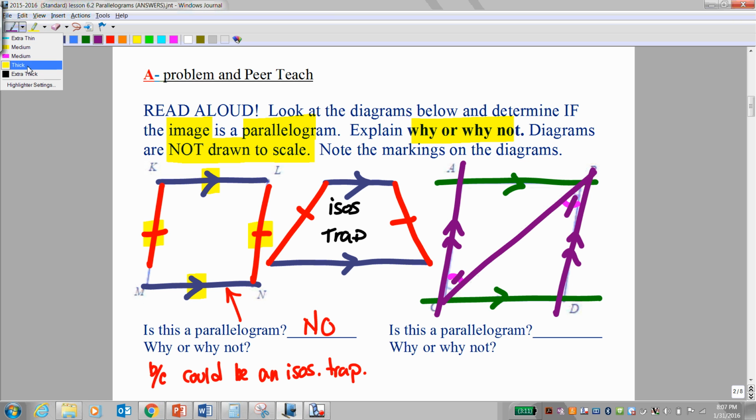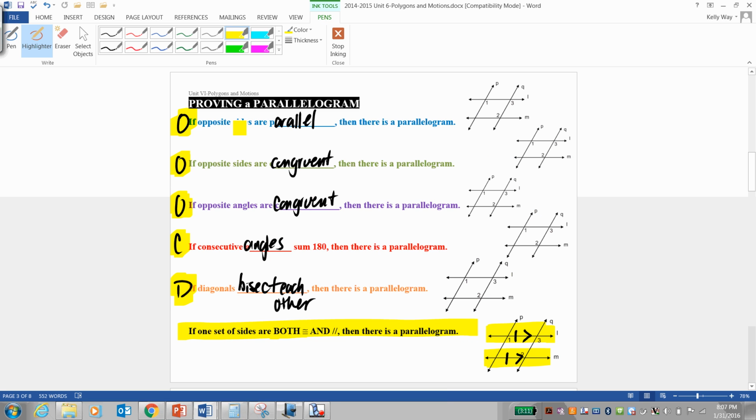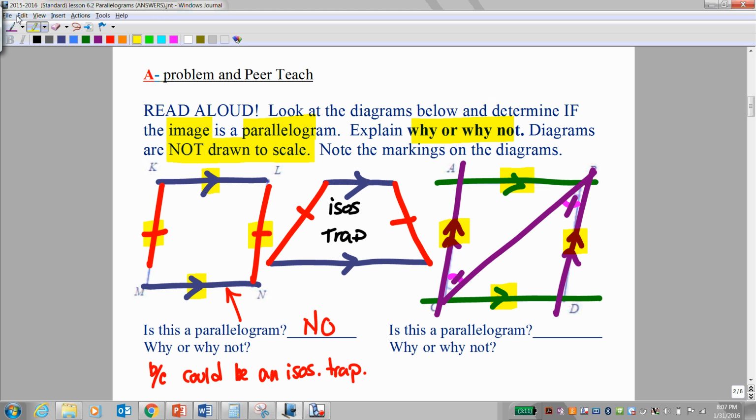Notice we now have opposite sides are parallel, and that is the very first qualification. Opposite sides are parallel. So we have here a parallelogram. So the answer is yes. Why? Because opposite sides are parallel.